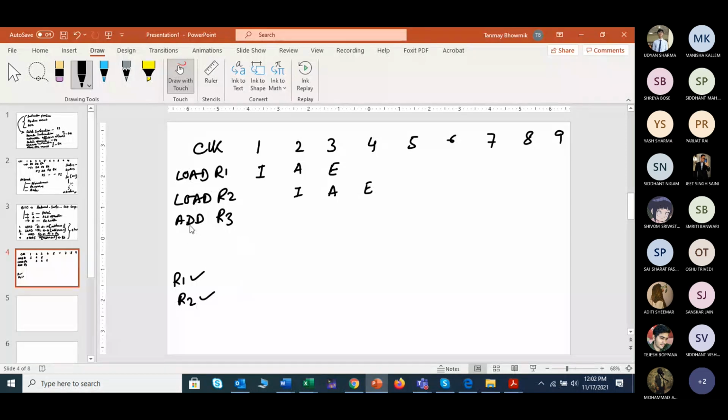Now, if you start this statement right after the second statement, how can you write it? Fetch instruction, no problem. But the ALU operation would be on the same clock pulse, because in the fourth clock pulse your R1 is okay, no problem. But your R2 has not been completely loaded.